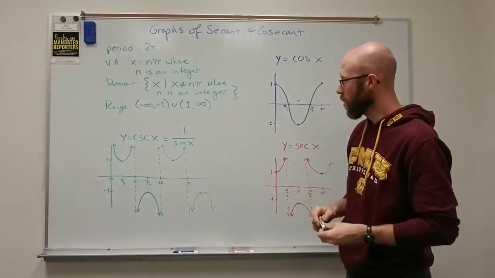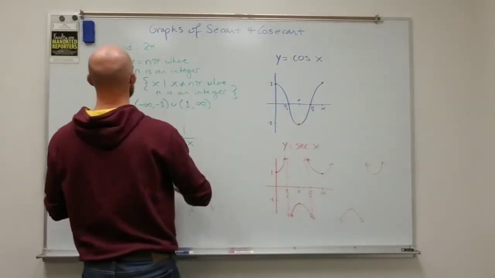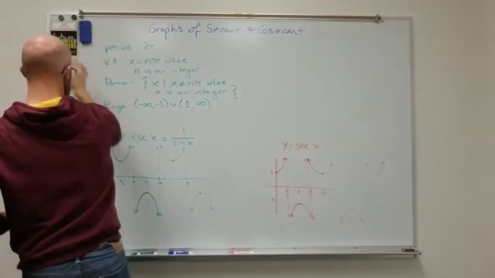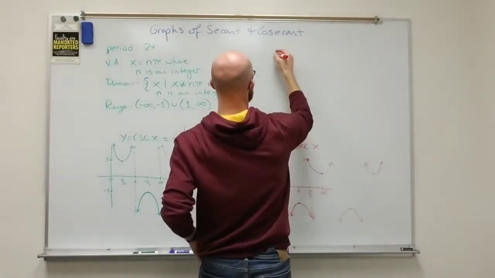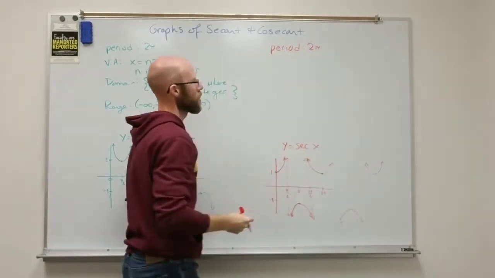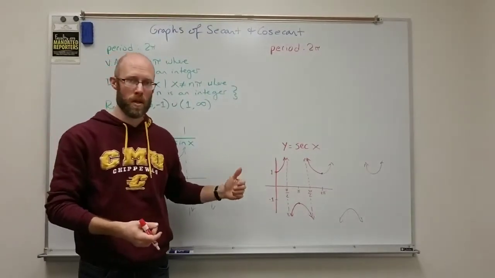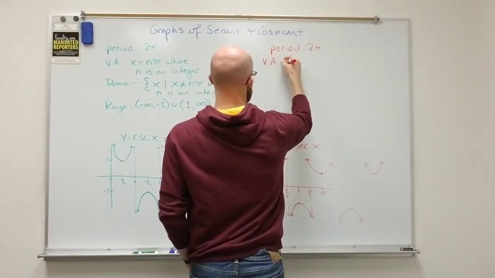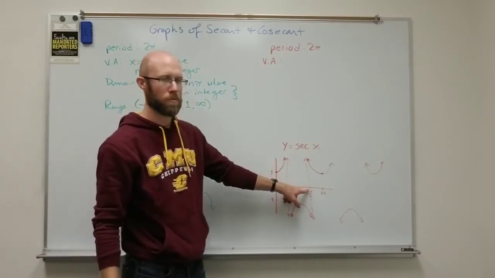Okay, so now let's take a look at the same stuff for the secant. The secant has a period also of 2 pi, or again, if it's the secant of bx, it's 2 pi over b. The vertical asymptotes here are going to be all of the odd multiples of pi over 2.